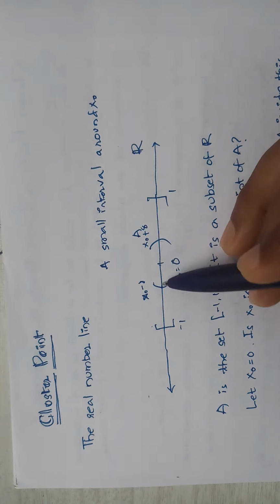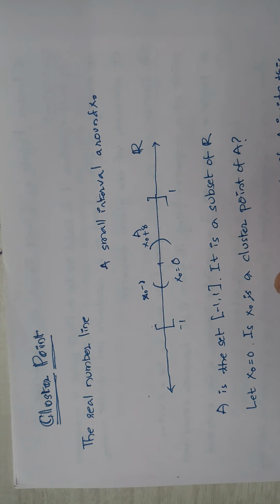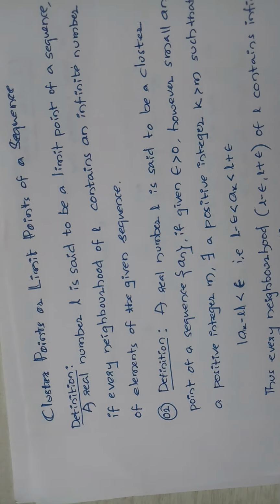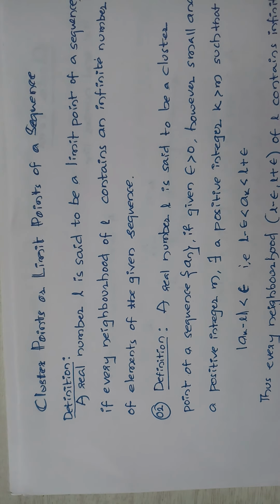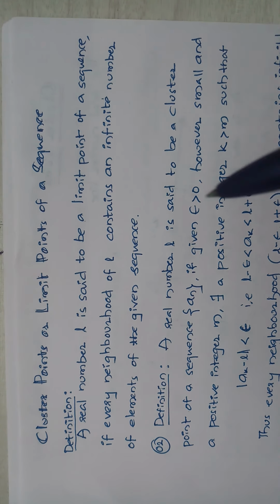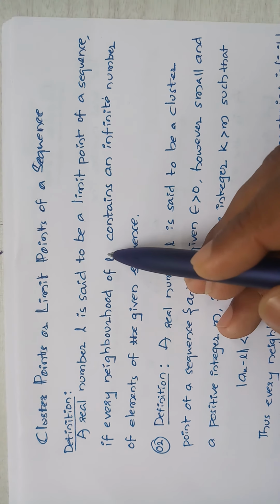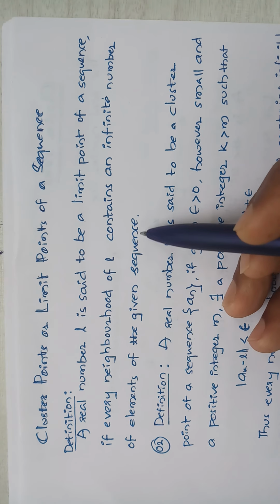Between these two points we can draw infinitely many elements. So here also we are defining that a real number L is said to be a limit point of the sequence if every neighborhood of L contains infinitely many elements of the given sequence.